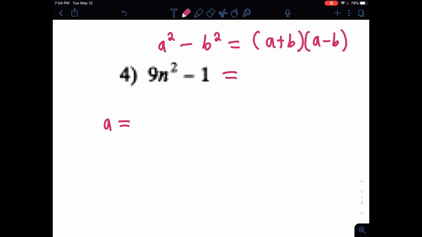This one's kind of tricky because we have 9 and n squared. So what is the square root of 9 going to be? That's going to be 3. And what's the square root of n squared? That's going to be n. All right. And if b squared equals 1, well, what's the square root of 1 going to be? That's going to be just 1.